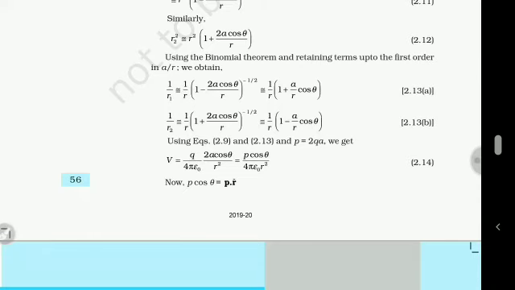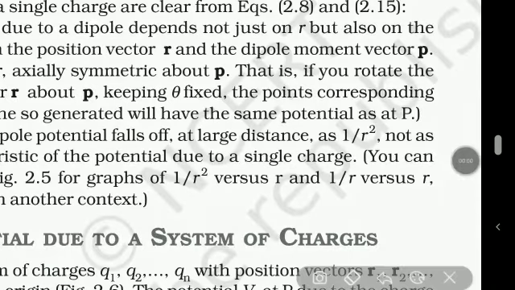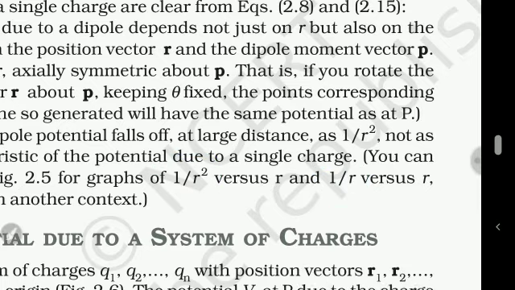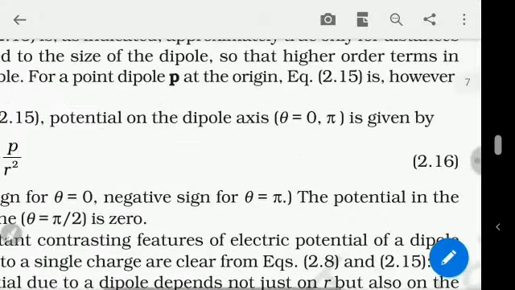Now students, the potential due to a point charge is inversely proportional to r, while the potential due to an electric dipole is inversely proportional to r square. You can see from the formula also.